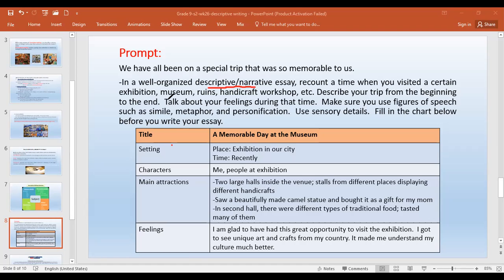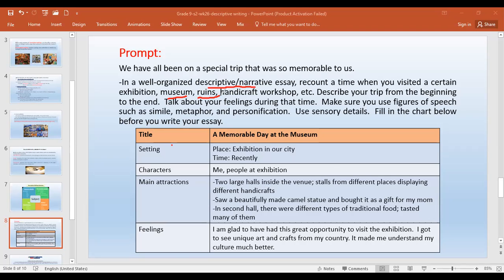Okay, a museum where they display ancient pieces of art, the ruins. Who can tell me what ruins are? I'm sure you've all been to the ruins of Tyre. Ancient places from the old people. Old places.